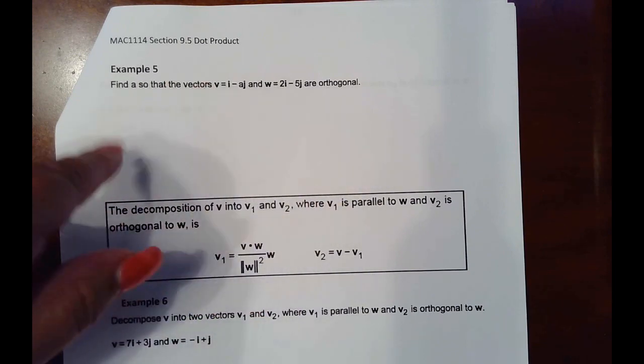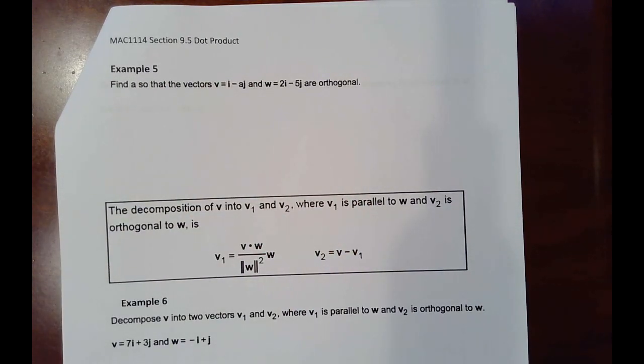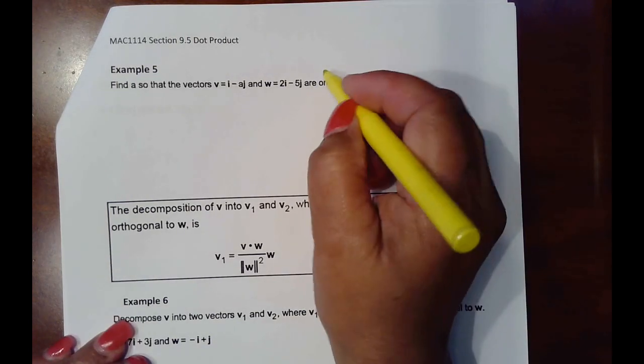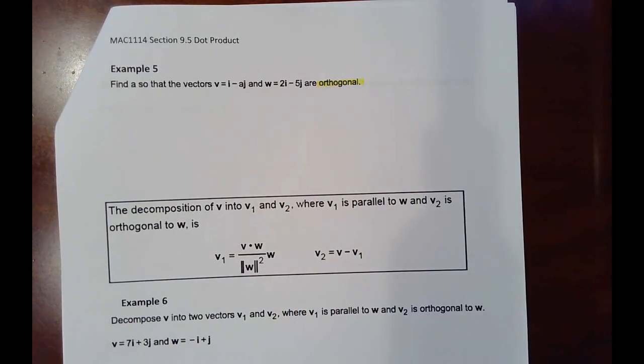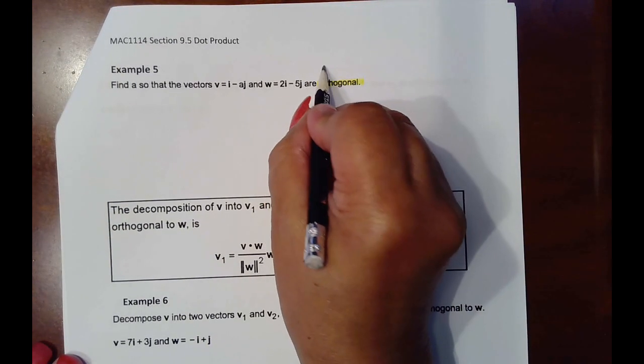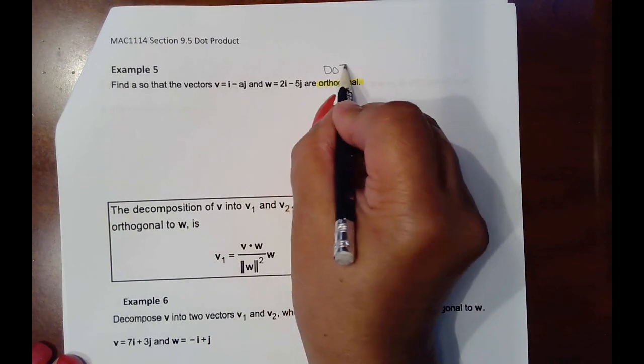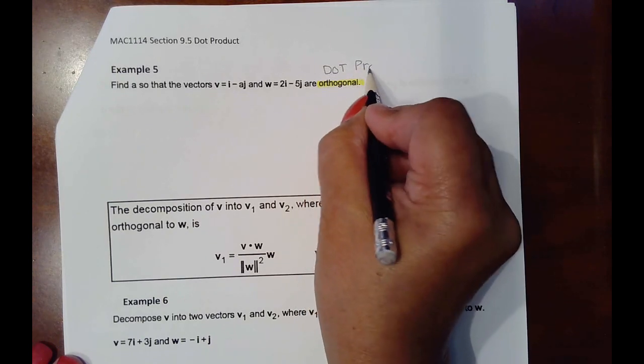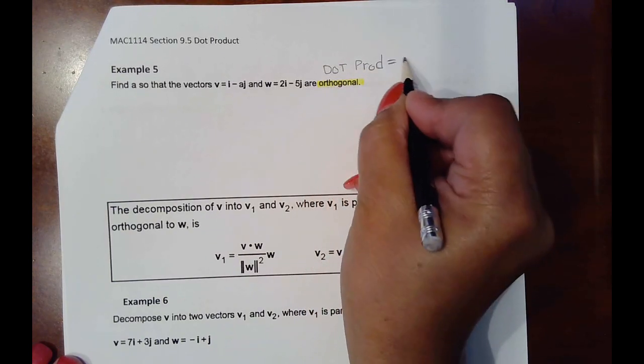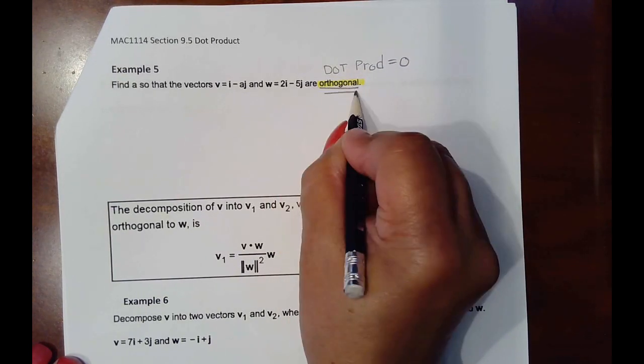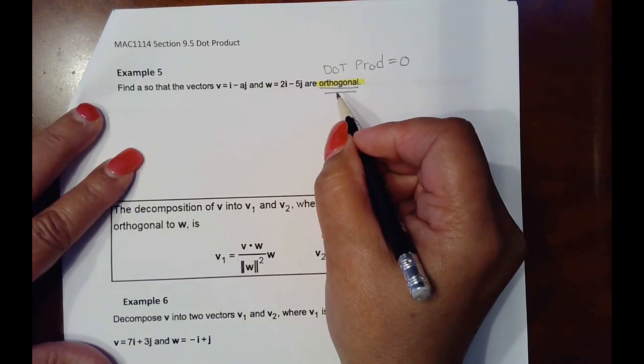We want to force these to be orthogonal. Well, if they're orthogonal, that means that the dot product is 0. So we're going to force the dot product to be 0 so that we can find the a value. Dot product has to be equal to 0 for this to be true. Okay, let's do that dot product.